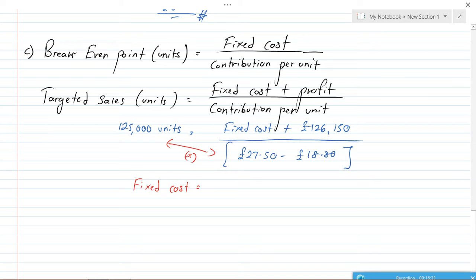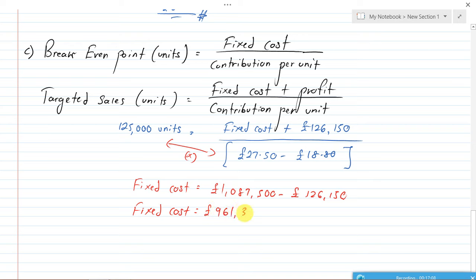This part times fixed cost going to be which is 1,087,500 minus your what? 126,150, which will give you the fixed cost 961,350.